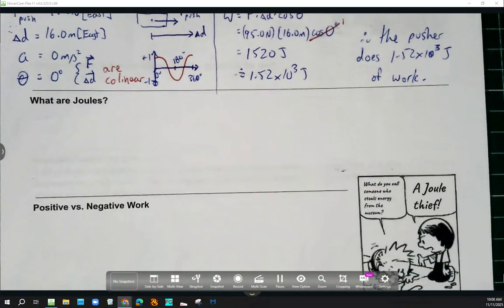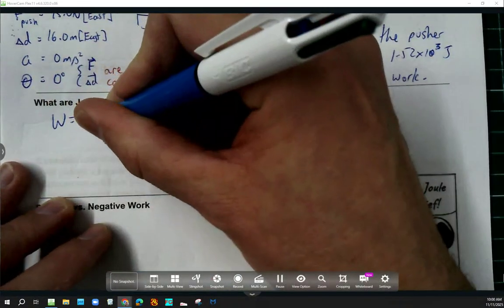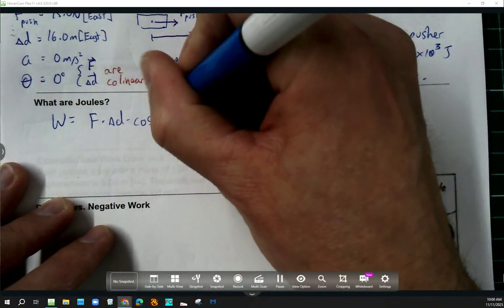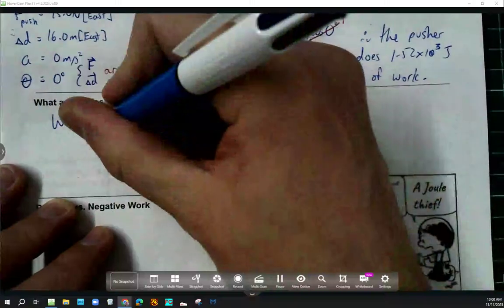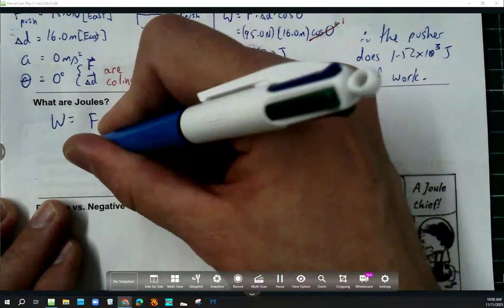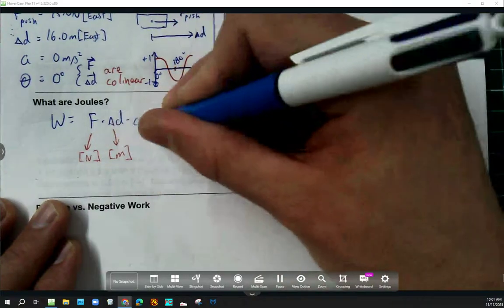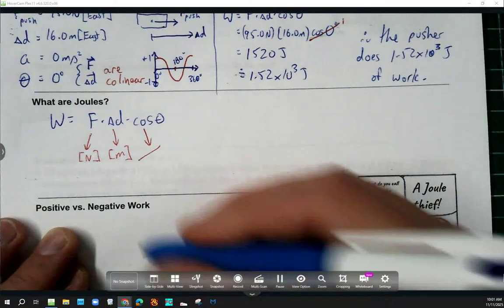All right, so what are joules? I've kind of hammered this home, but let's put it in a more not in the margins place. Force times displacement times cosine theta. If I'm breaking this down for dimensional analysis, which is what we call unit analysis, force contributes newtons, displacement contributes meters, cosine theta contributes no units.